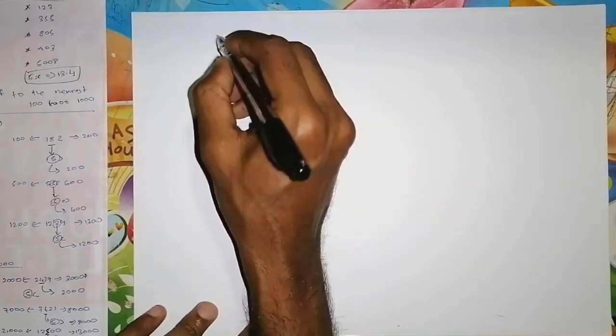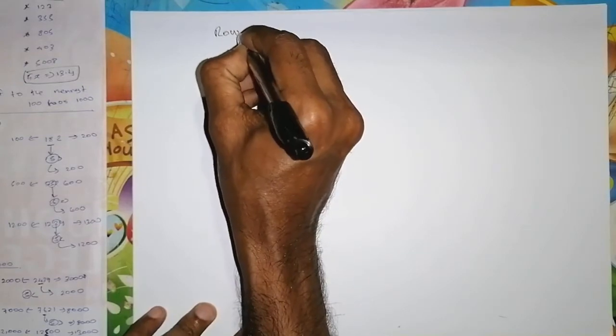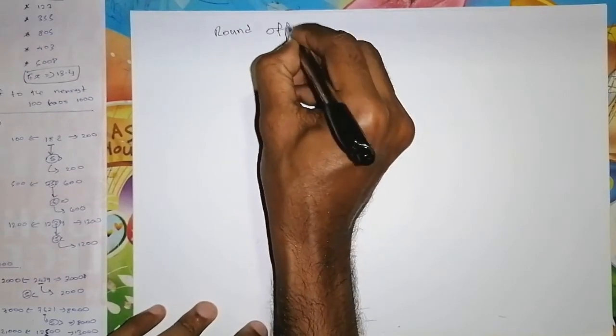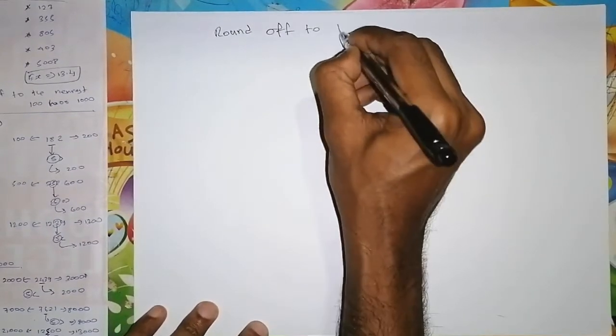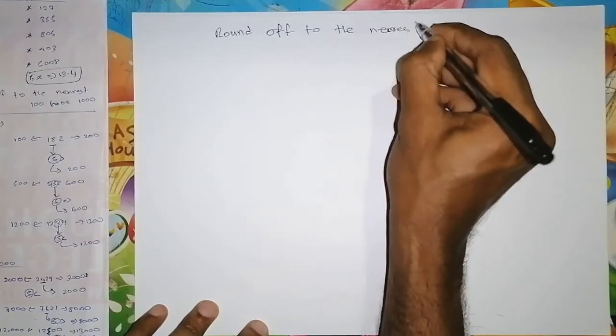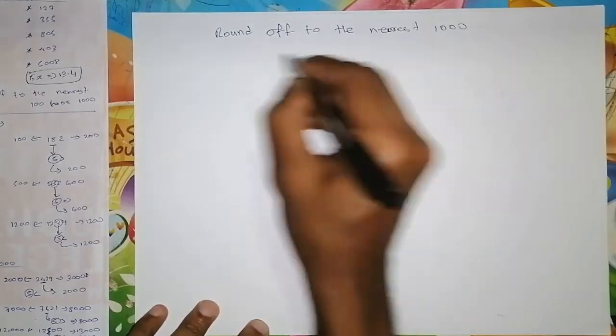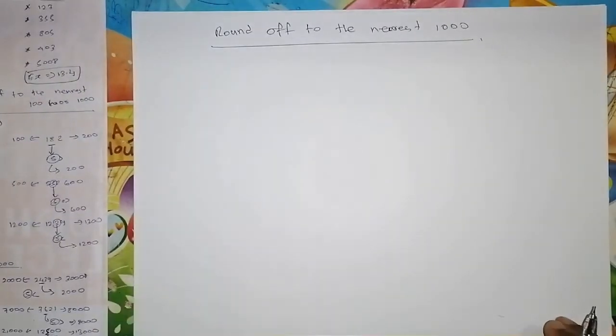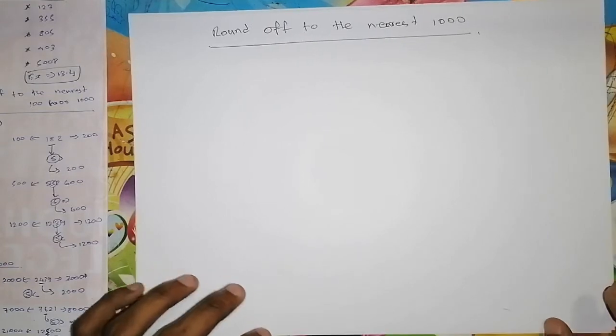Okay boys, the next part is rounding off to the nearest 1000. How do we round off the given numbers to the nearest 1000?